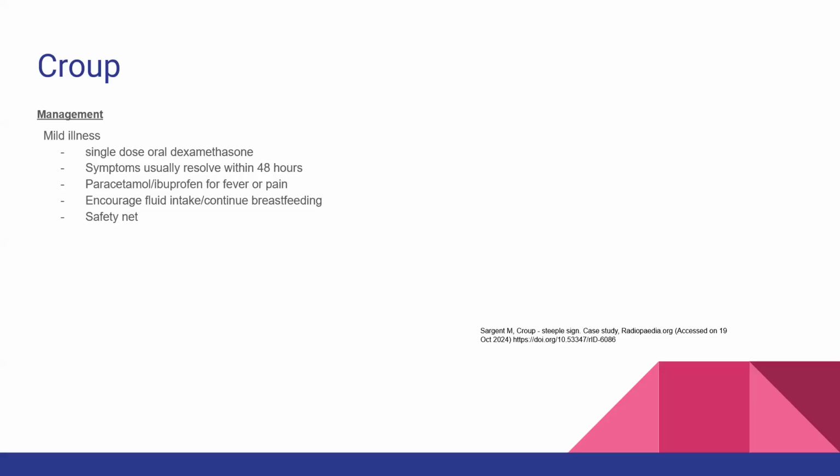And safety net as always, again about any signs of respiratory distress. If they are moderate to severe on the scale of severity, you want to think about admission. If they're less than 6 months, there's a lower threshold for admission or for more severe disease. And if you're not sure about the diagnosis, we'll talk about some differentials as well.